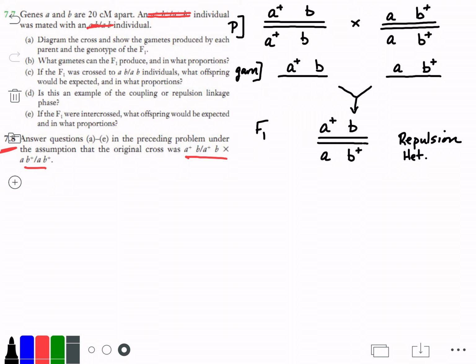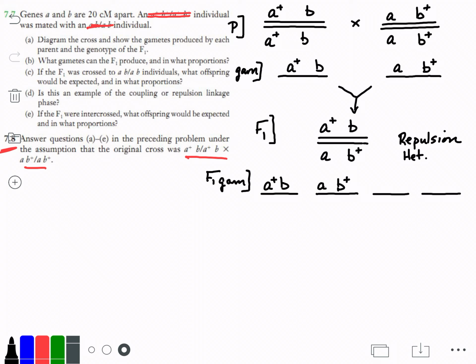So what gametes can the F1 produce? So here's my F1 gametes. I can produce 4 of them, just like a normal case, when I would say A plus B or AB plus.